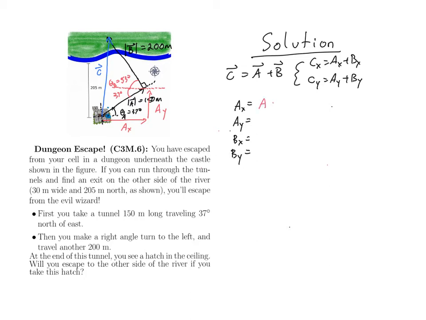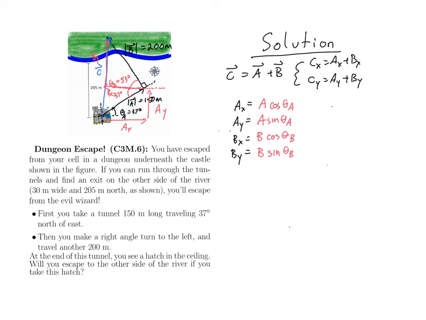This is going to be A cosine theta A and A sine theta A. For Bx and By, I can draw those in. By will be right there, Bx will be right there, and I have B cosine theta B for the x direction and B sine theta B for the y direction.